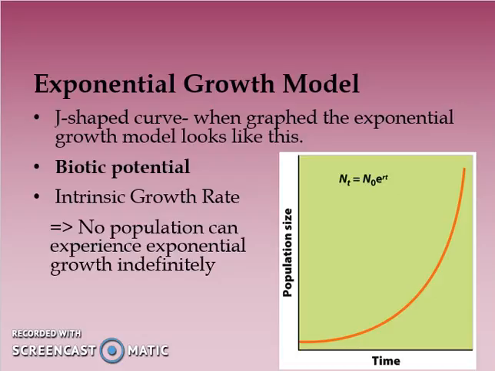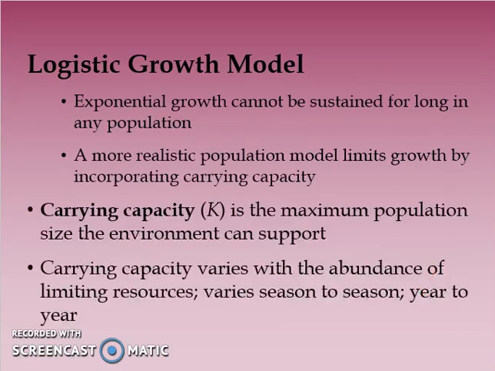This is as fast as a population can grow. No population can go forever with this kind of growth rate. It just can't happen. There's going to be either a complete die-off eventually or a crash in the population, or it has to plateau, because there's no way that there's unlimited resource for any organism continuously.